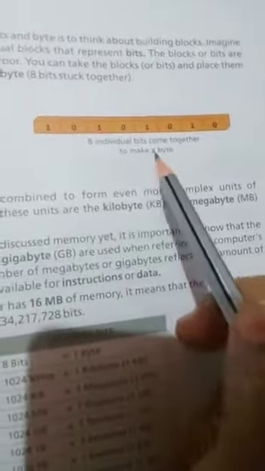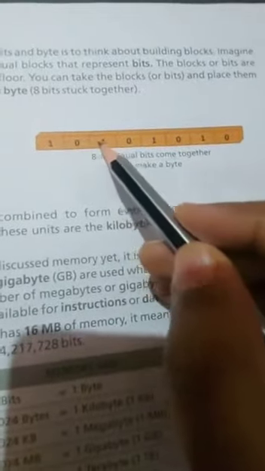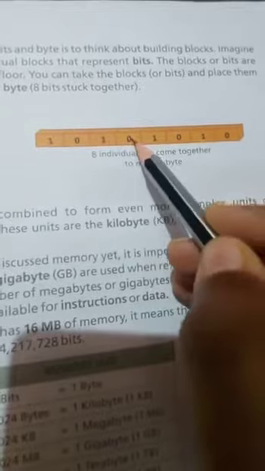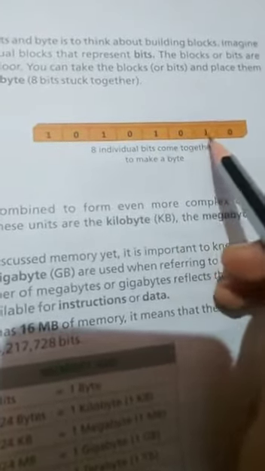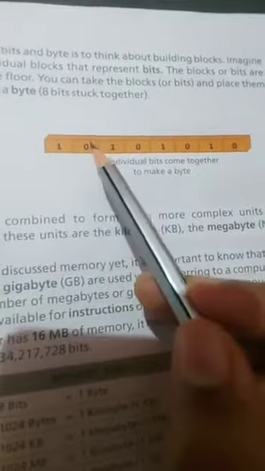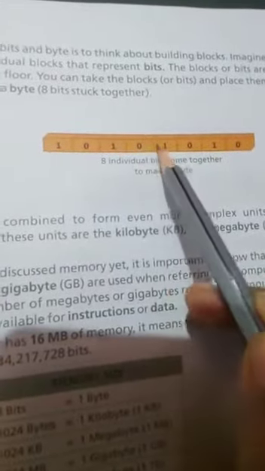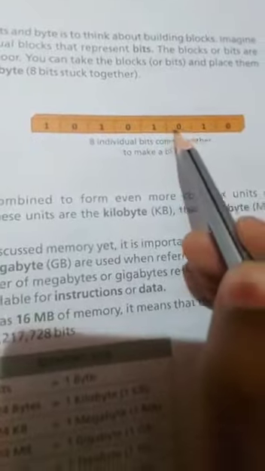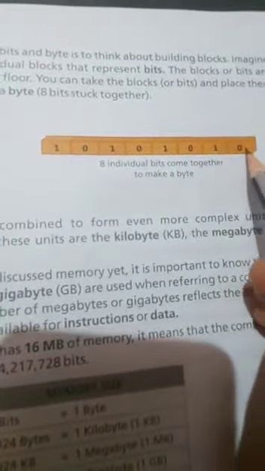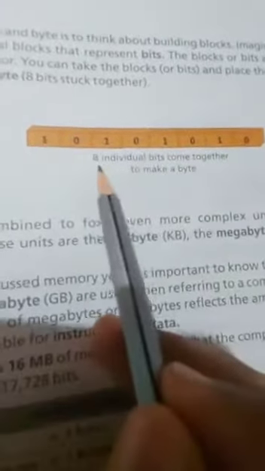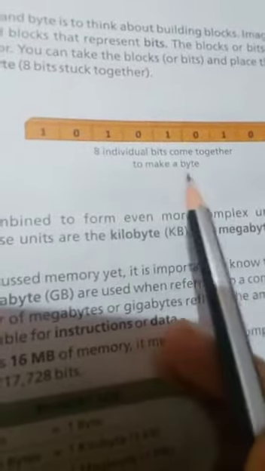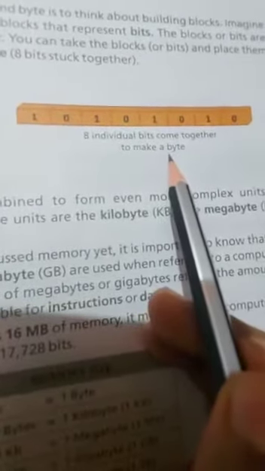See here, they have shown an example: 1 0 1 0 1 0 1 0. How many bits are there? 1 2 3 4 5 6 7 and 8. So totally 8 individual bits come together to make a byte.